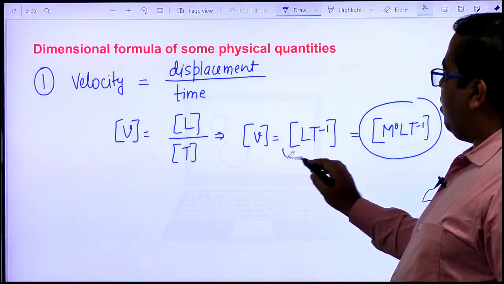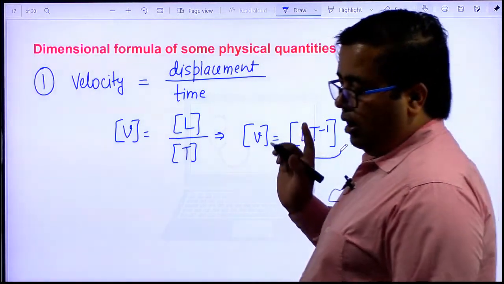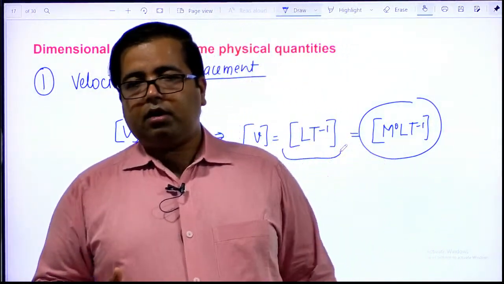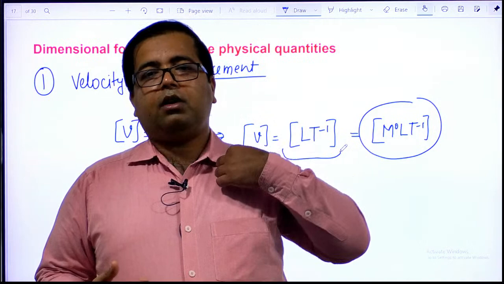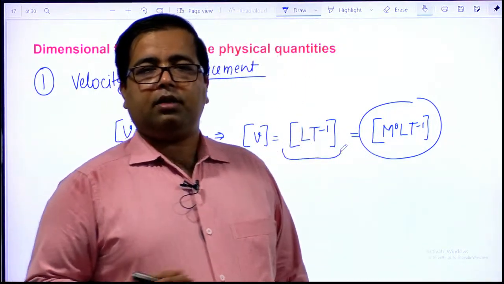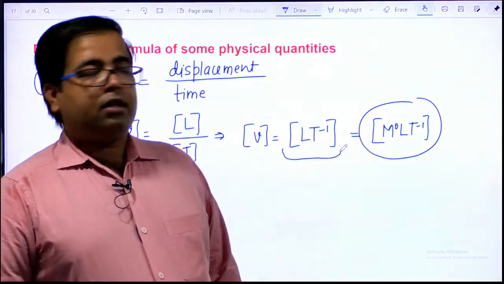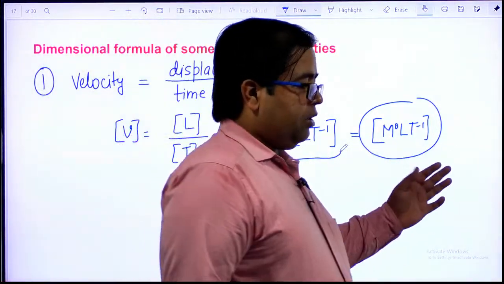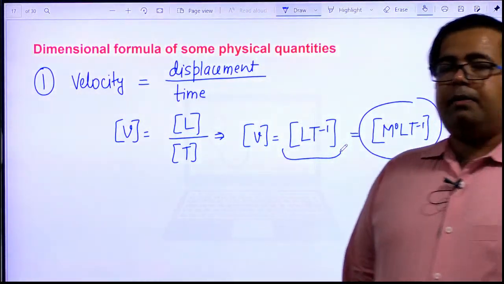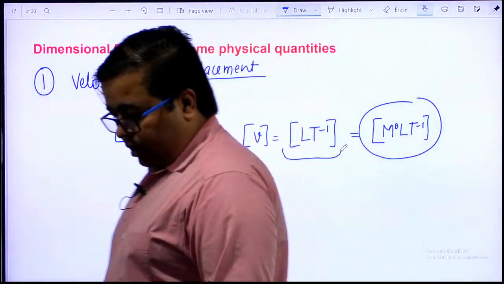Whenever you have this formula, just understand that the dimensions of the other fundamental quantities are 0. For example, mass has 0 in current, 0 in mole, 0 in candela. Every such dimension is actually 0.